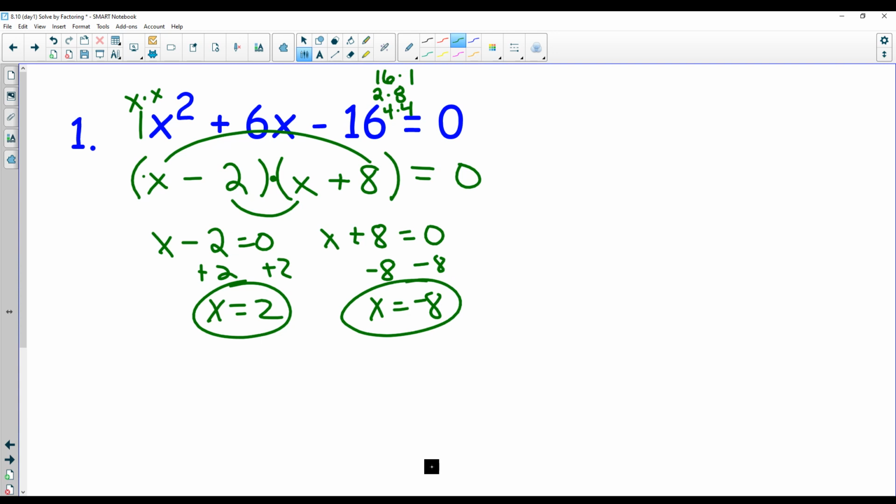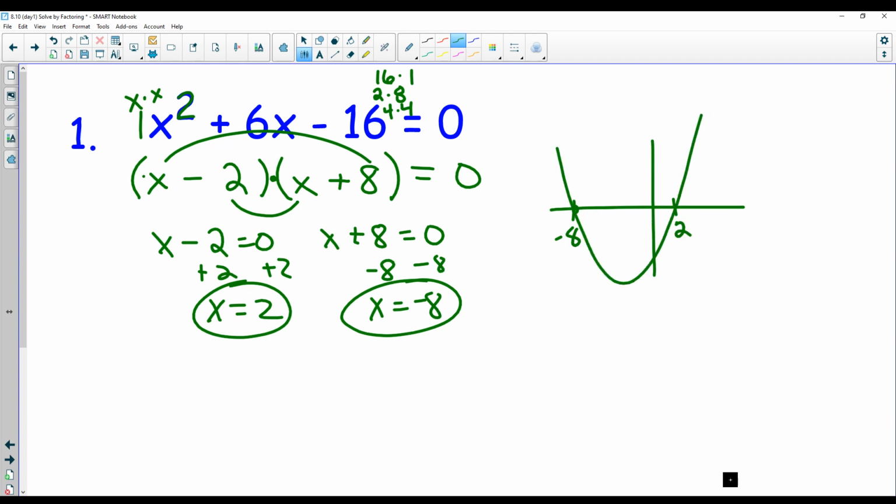So there are 2 solutions here, mainly because this has a degree of 2. So we have 2 x-intercepts. This would mean that our parabola would cross at negative 8 and at 2. A little review here, so it would be something like that.